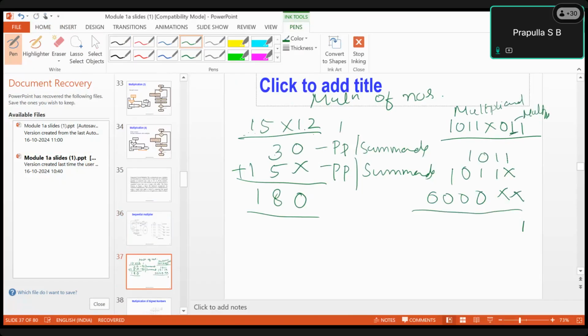So 1 plus 1 is 0 and a 1 carry. 1 plus 1 is 0, carry 1. So you got something like this. So what I had taken, 11 into 3, correct?